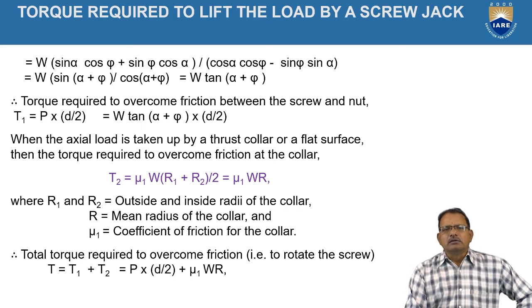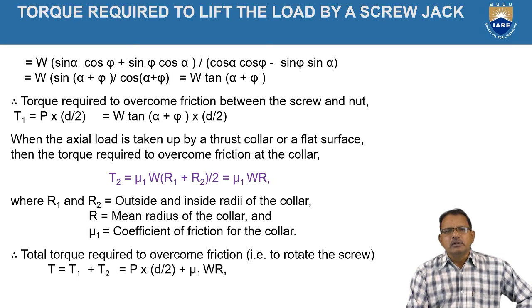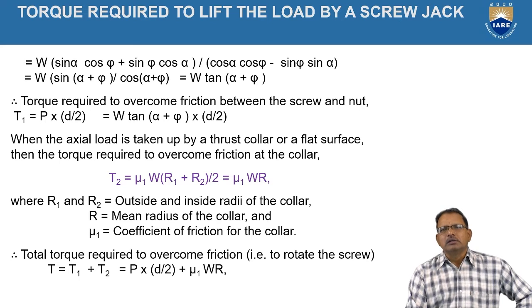the load is acting over the thrust column. In order to overcome the friction between the load and the thrust column, we have to consider the friction force which exists between the load and the column, which is given by T2 equal to mu1 into W into R1 plus R2 divided by 2, where mu1 is the coefficient of friction between the column and the load.